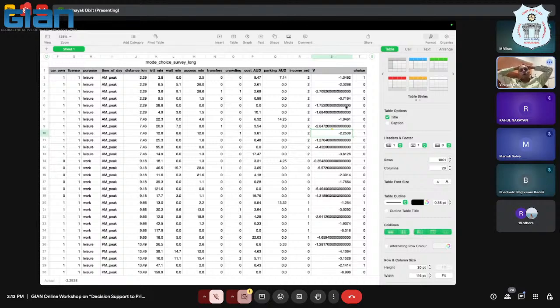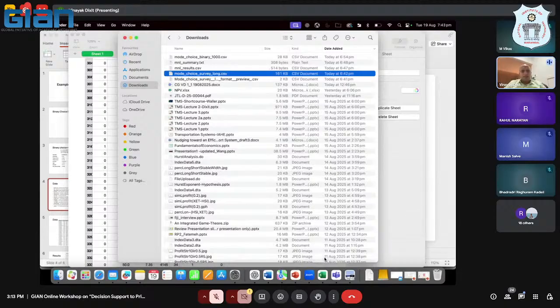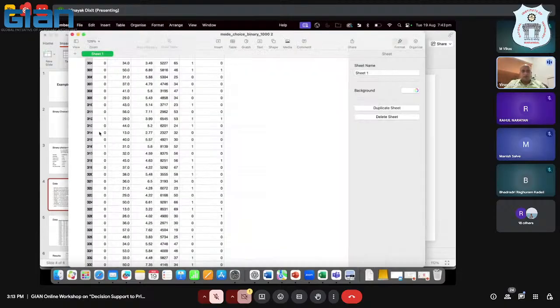So even though you might have the maximum utility, there is a certain probability. It will be e raised to power minus 1.0 divided by e raised to power minus 1, e raised to power minus 2, and you add them all up, right? That's how you end up getting your probabilities. Any questions? Am I making sense so far? Just sharing the data.